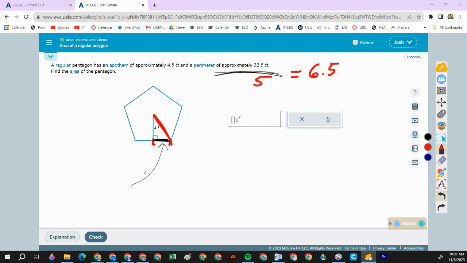How does that little segment compare to 6.5? So this would be 6.5, and that's the same as all of them. So this piece is just half of that. So we divide that by 2, and I get 33.25.